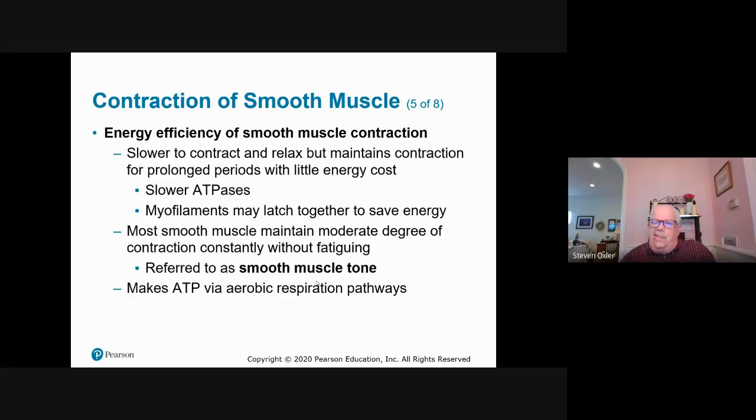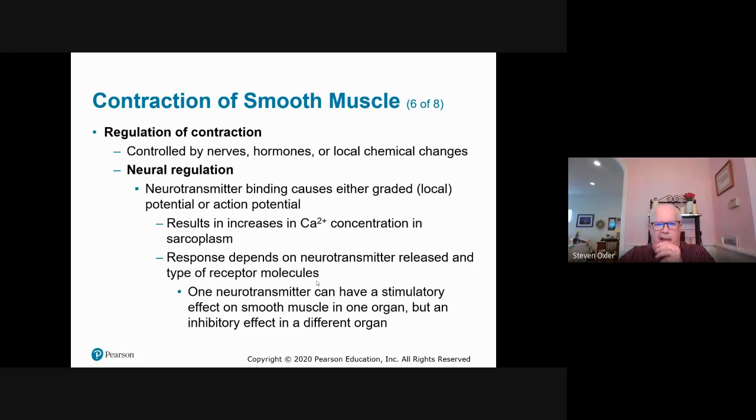The efficiency of smooth muscle contraction is it is slower than skeletal muscle. That's really all you have to know. It's slower, okay? It's regulated by neurotransmitters, just like it's regulated in skeletal muscle.